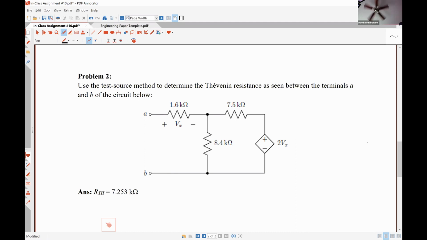So what would you guys suggest we do here? A voltage source. A voltage source, okay? Anybody else okay with a voltage source? To be clear here, either of them will work, but in some cases, one may be easier than the other. So let's start with a voltage source.